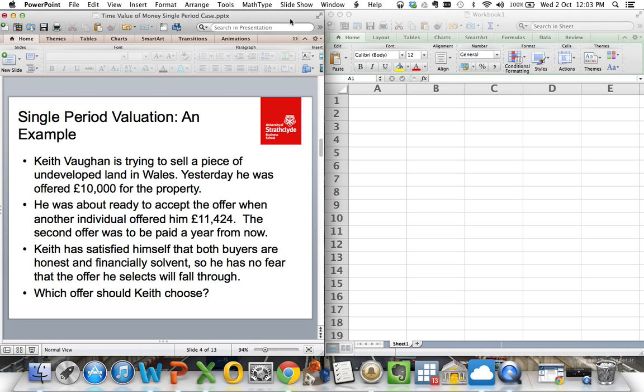The amount that money grows by in the future we call the rate of return, and we also call it the interest rate. Once you take that interest rate into account in your decision, it's not just a simple case of saying I invest £100 today and I get £100 in the future.